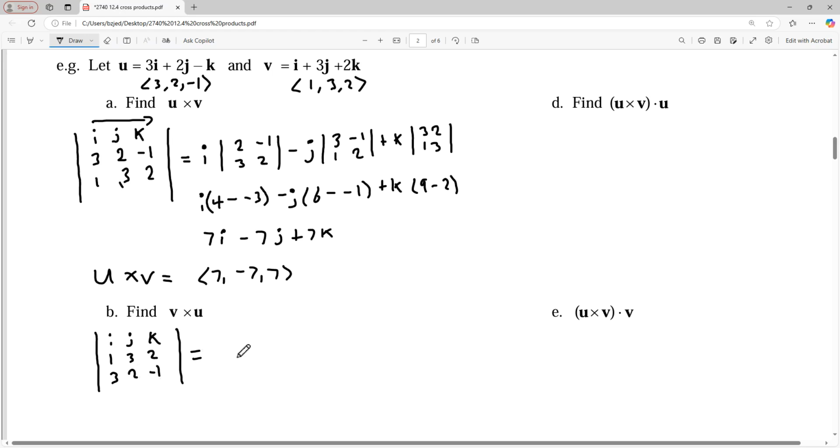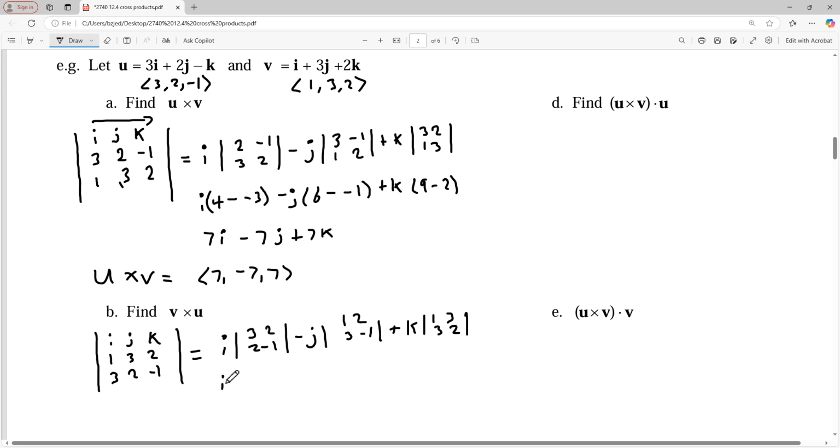From here, the process is the exact same. I have i times the determinant 3, 2, 2, -1, minus vector j times the determinant of 1, 2, 3, -1, plus vector k times the determinant of 1, 3, 3, 2. And from there, we're going to evaluate these determinants.